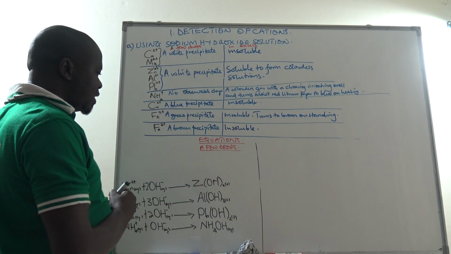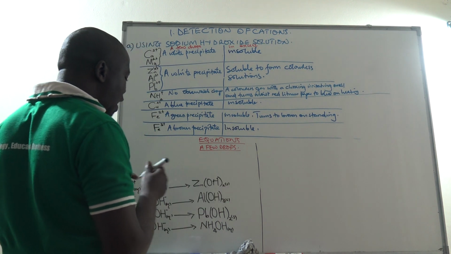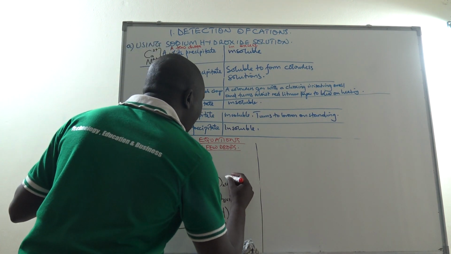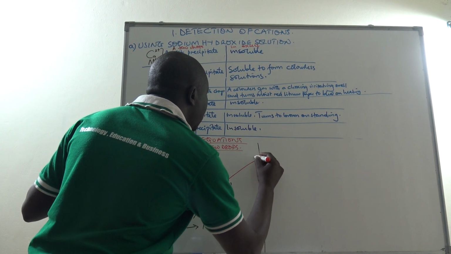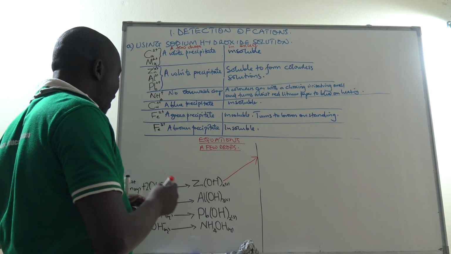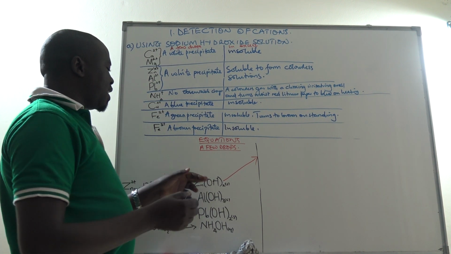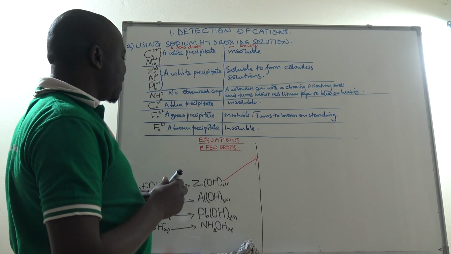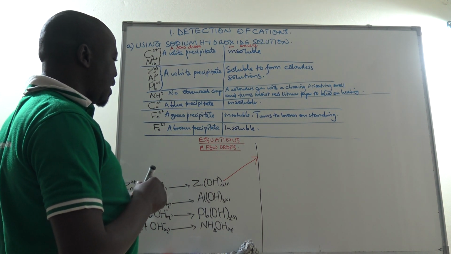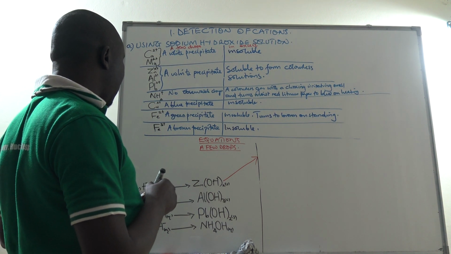So let us see these ones here. Allow me to use some arrows, and then we try to split them well. So let us go to zinc ion. We say that it forms a white precipitate, that is zinc hydroxide. Then in excess, the precipitate dissolves to form a colorless solution.